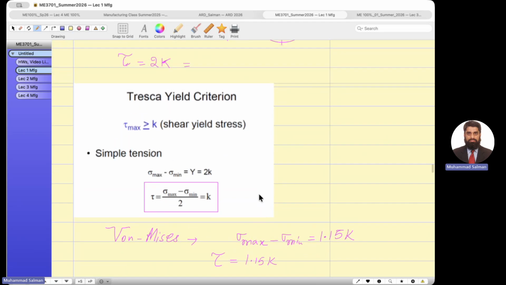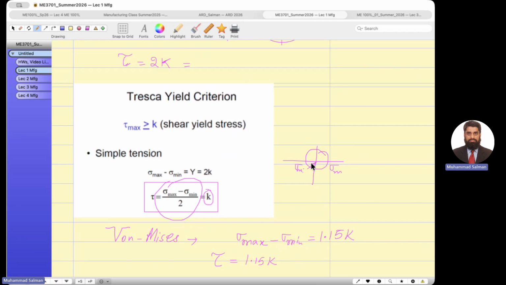Tresca says that the material will start flowing when this stress reaches k, which is any general constant, you see. I'll just explain to you. There's a Mohr stress circle, sigma max, sigma min, and this is the average.